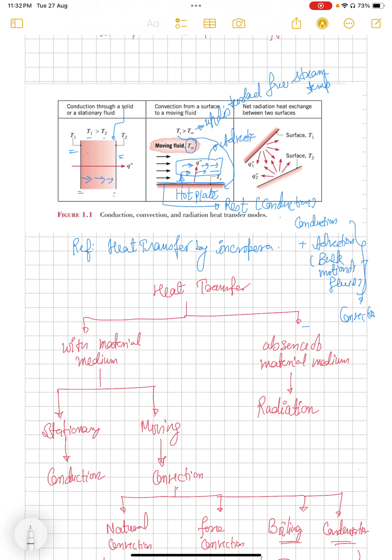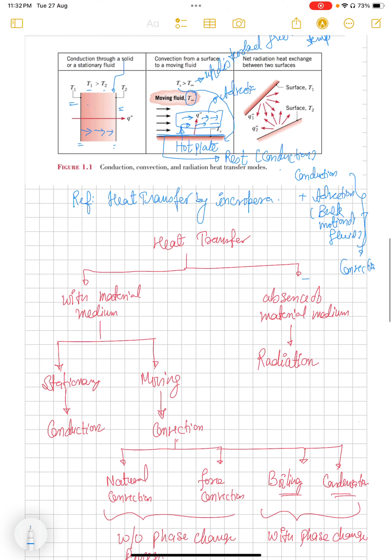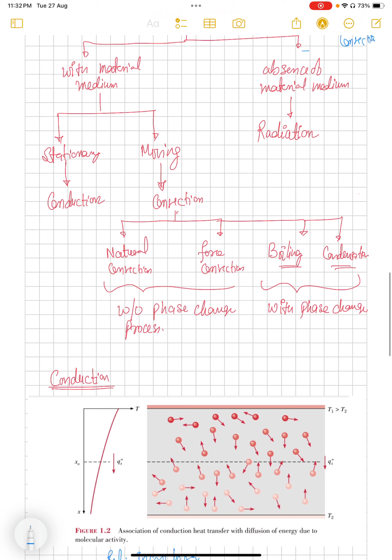If we are keeping the hot plate inside the room, air will touch this hot plate, get heated and rise.